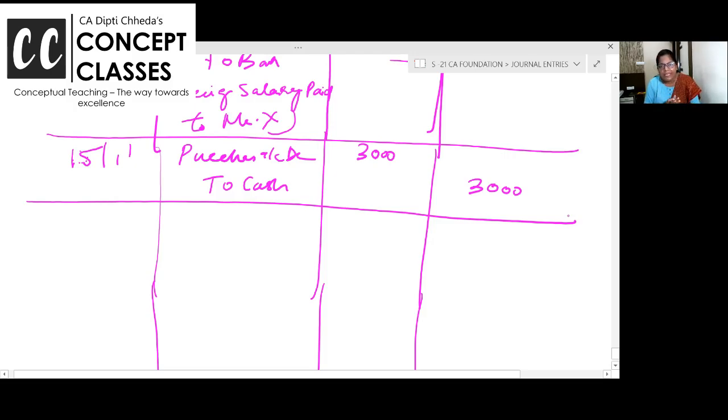I want to repeat, when goods are purchased in cash, cash is a real account: debit what comes in, credit what goes out. So don't credit Mukherjee. The name they have given is only to confuse you in journal entries, and you have to be alert. Sold goods to Mr. Sen on credit for 8,000.